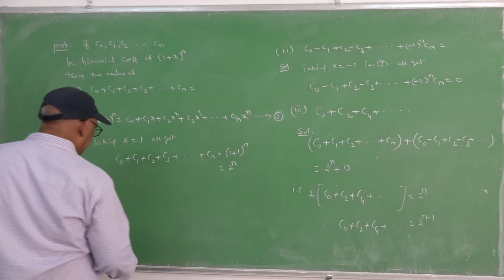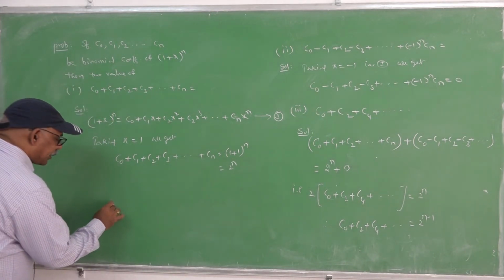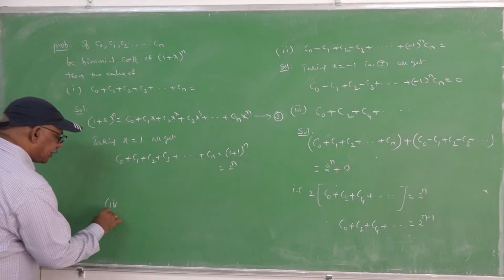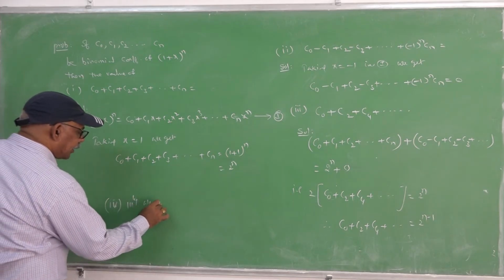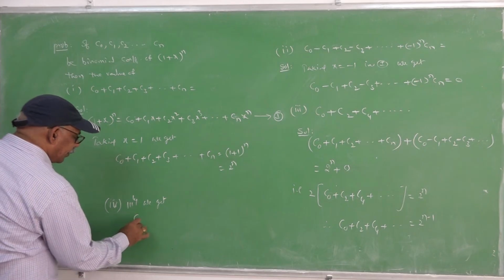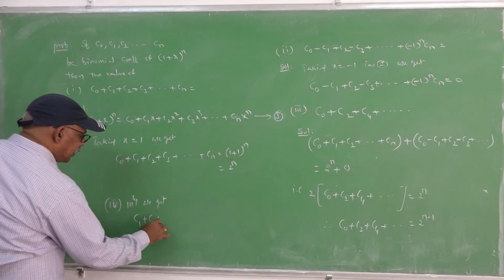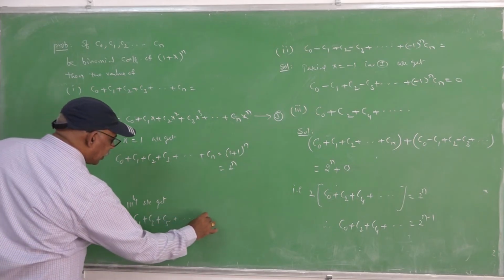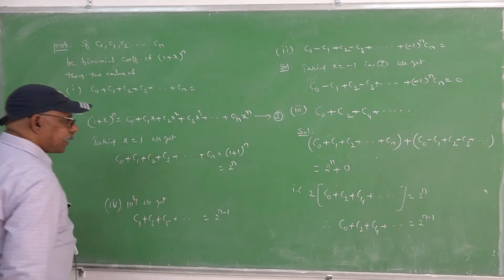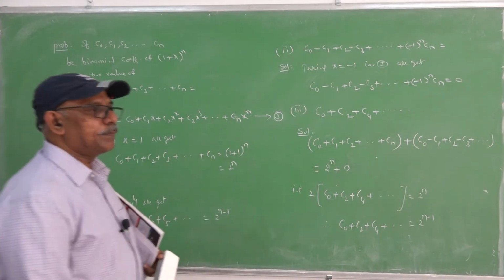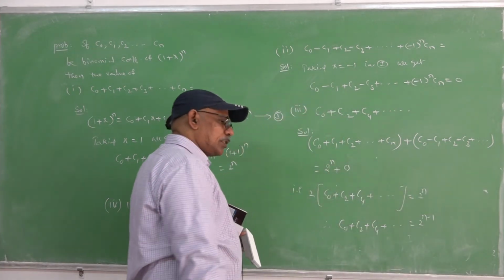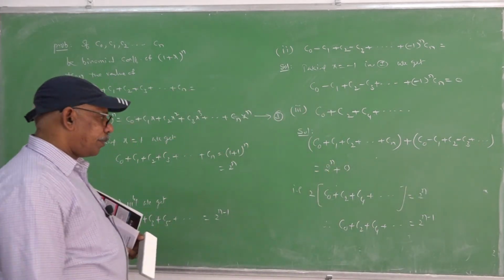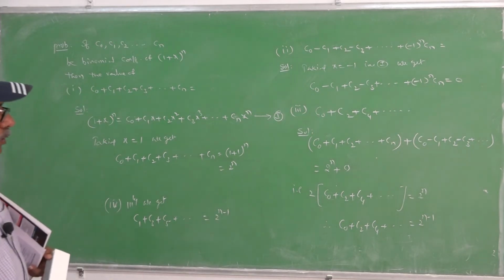Similarly, taking subtraction, fourth result, we get C1 plus C3 plus C5 and so on is also 2 power n minus 1. Taking subtraction, we get only C1, C3, C5, odd suffixed binomial coefficients exist. In such case also we get 2 power n minus 1.